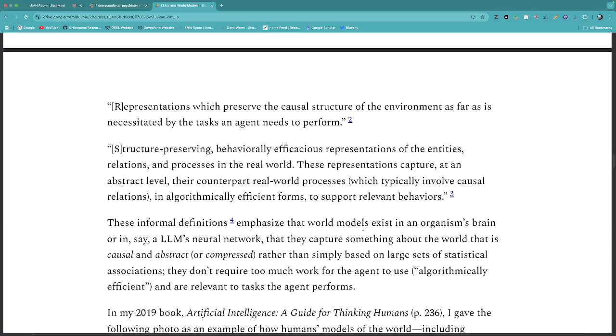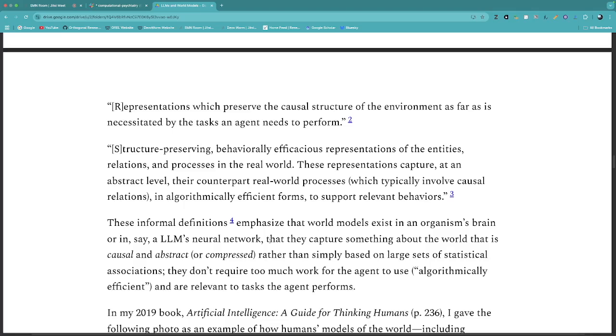So these are all definitions. These informal definitions emphasize that world models exist in an organism's brain, or in, say, a large language model's neural network, and that they capture something about the world that is causal and abstract or compressed. So it has to be causal. You have to have one thing affecting another, see the consequences of actions, know how things are related causally, and sometimes avoid spurious correlations or spurious causality.